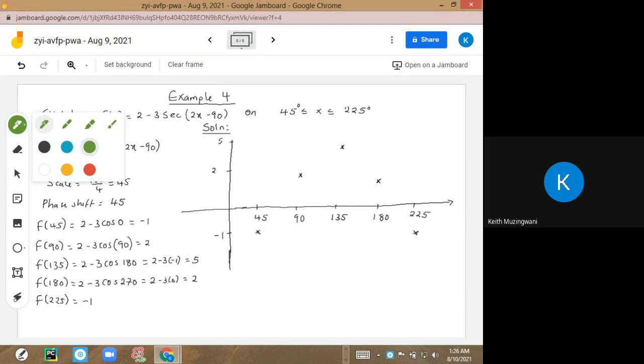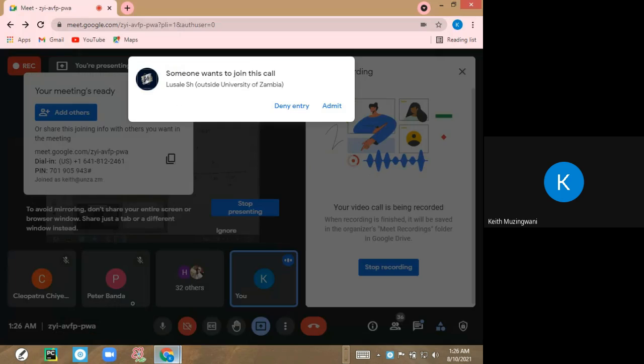And then we are sketching sec, so we can dot this one.